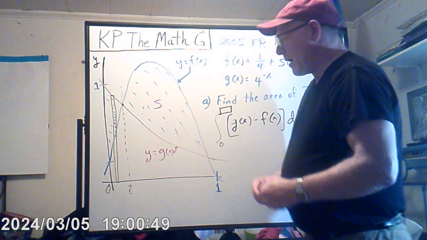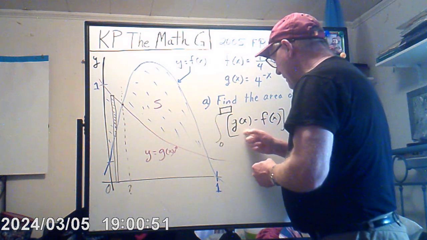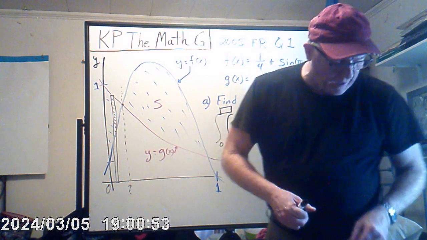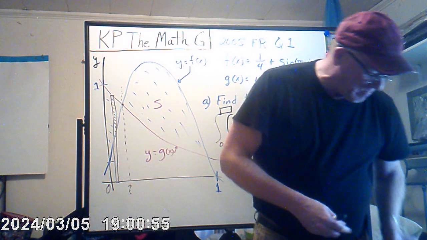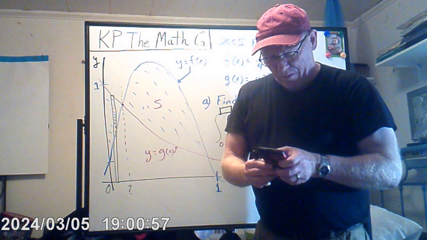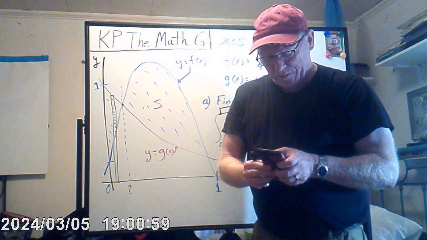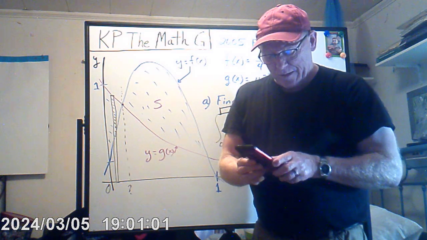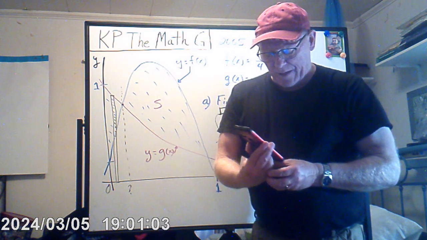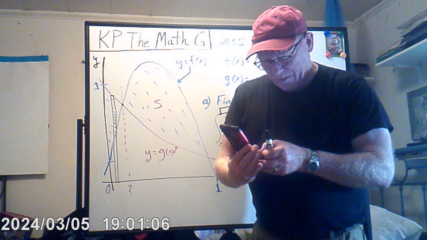Since I've got g at x being first, I've already graphed these for you. So I've already drawn the graph of those, and that is what it looks like. I'm going to zoom in.